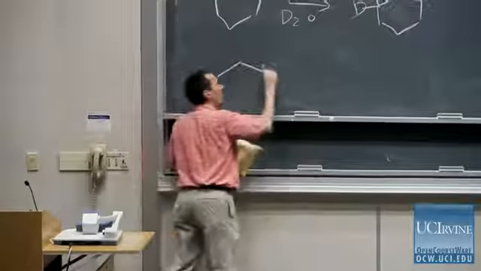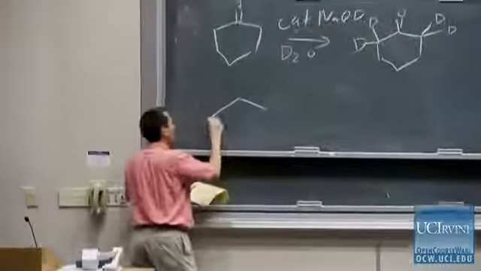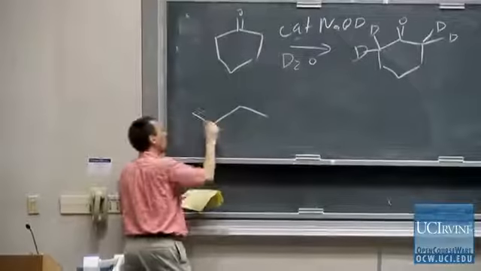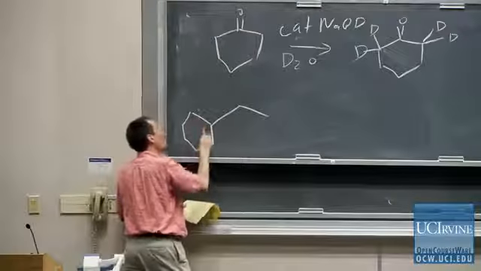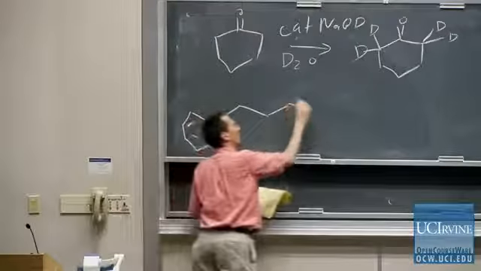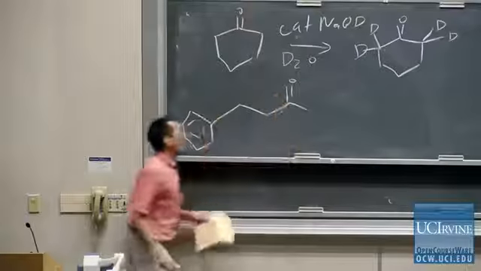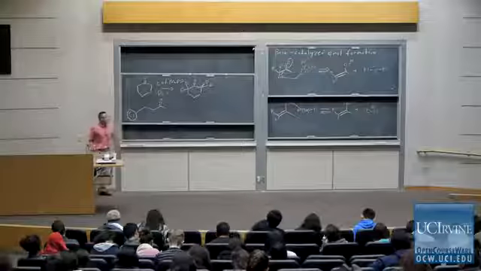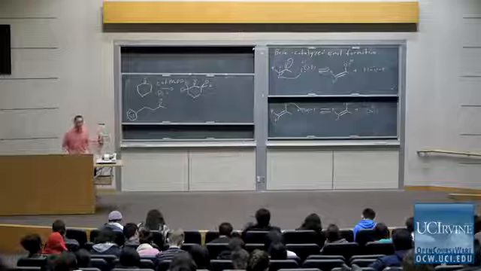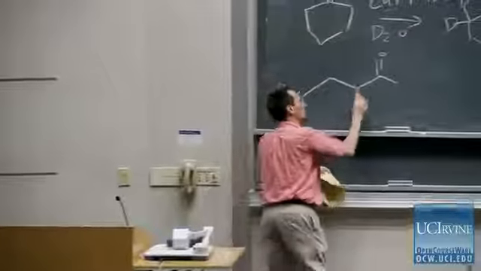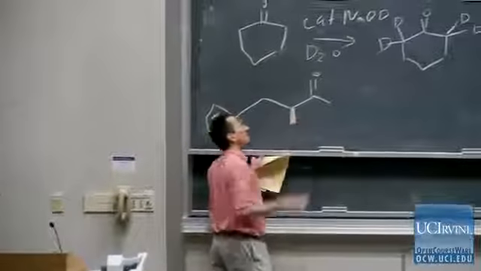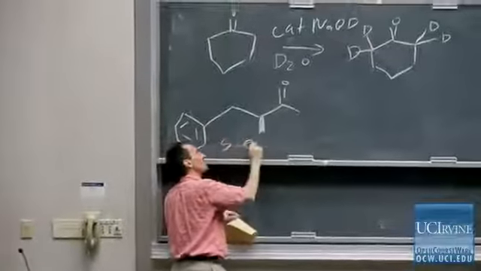Similarly, if I imagined for a moment that I had something that had chirality at the alpha position, let's imagine that I have this ketone where I have a methyl group. And let's say that I have just the S enantiomer.